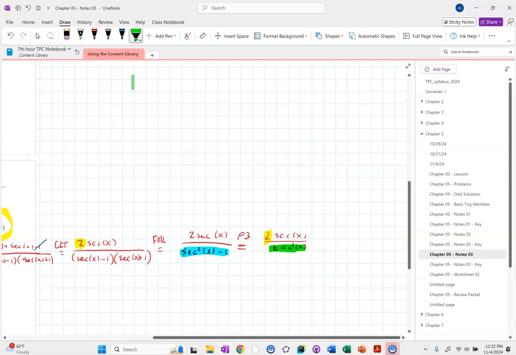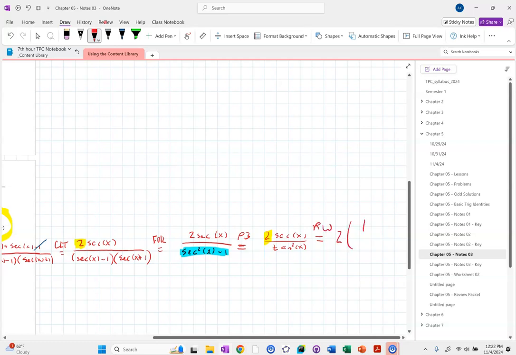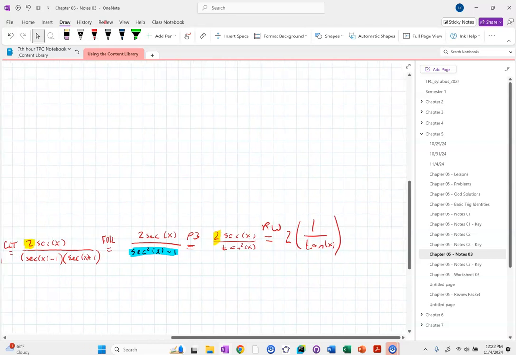Because I have tangent squared in the denominator. Do you see that? Oh, yeah. So if I just rewrite things, I'll abbreviate that as RW. I can rewrite that as 2, and then I'll write 1 over tangent, and then I'll write secant over tangent.